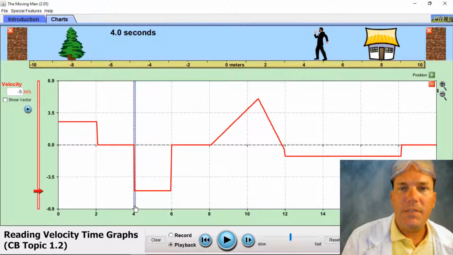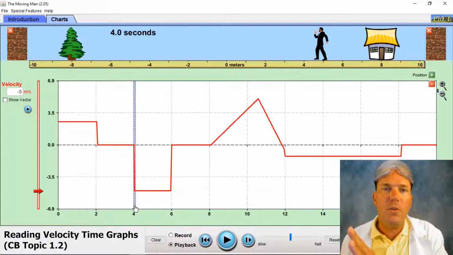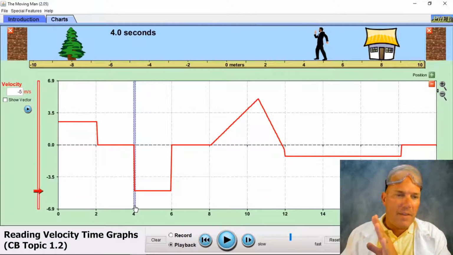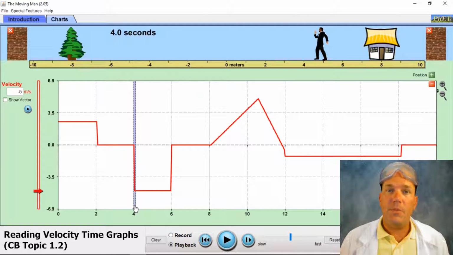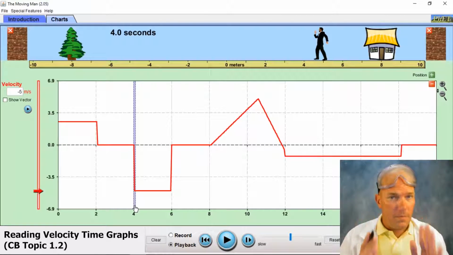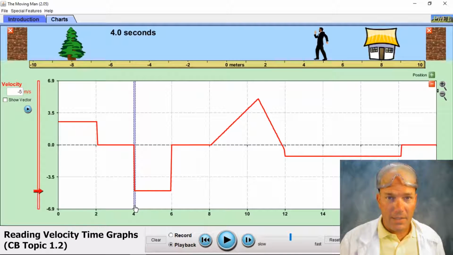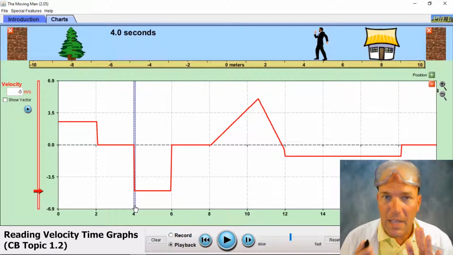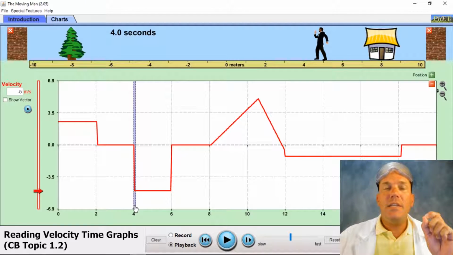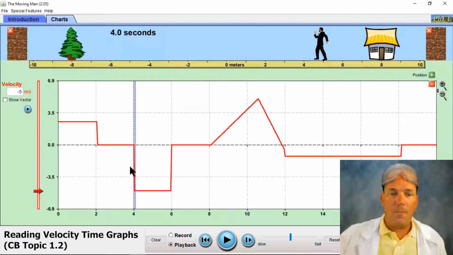So this moving man is now going to move off to the left, have a negative velocity of negative 5 meters per second, or 5 meters per second to the left would describe his vector quantity for velocity. But guys, look at the magnitude for a moment. This is twice the magnitude of segment 1. That's very important to notice.